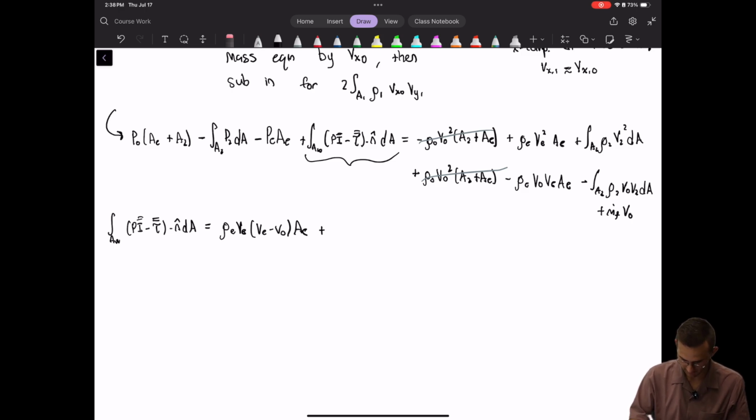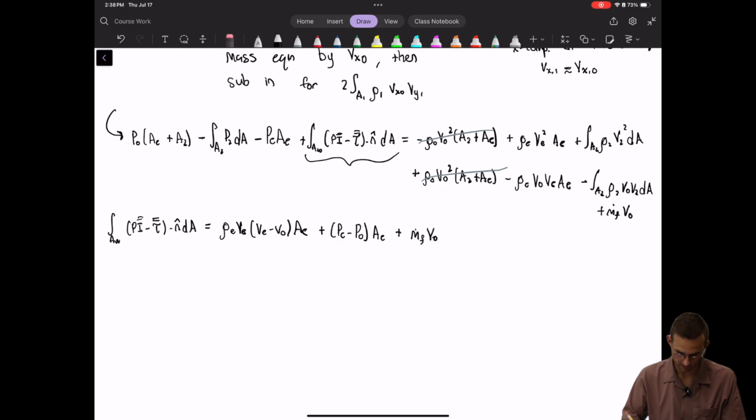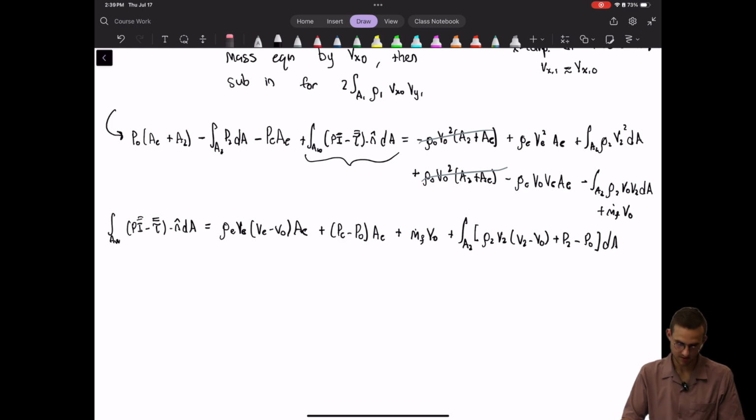We're going to have the pe minus p naught times ae term, plus m dot f v naught, and then one last integral over the a2 surface of rho 2 v2 times the quantity v2 minus v naught, plus p2 minus p naught dA.